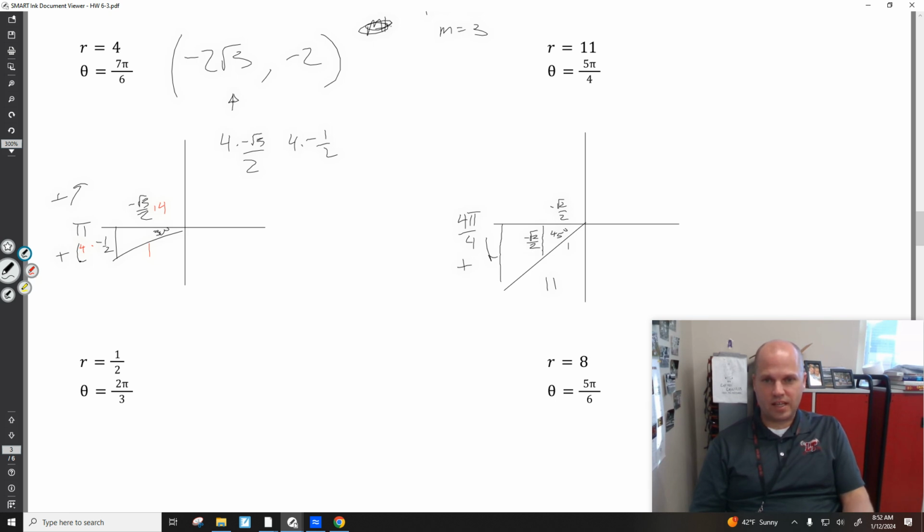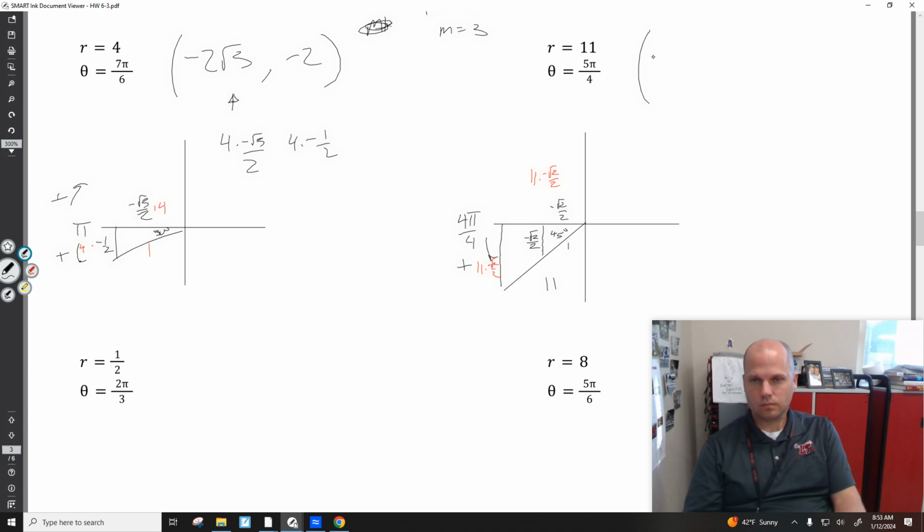If it's a radius of 11, I'm making this radius 11 by multiplying by 11. I'm just going to multiply my side lengths by 11, giving us 11 root 2 over 2 and negative 11 root 2 over 2.